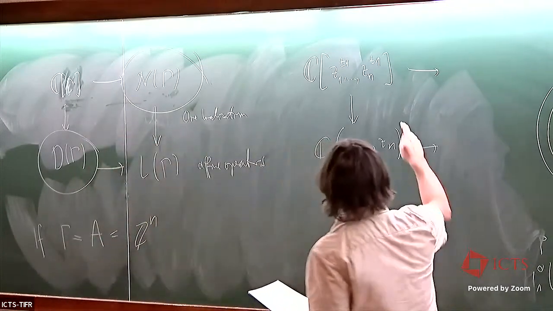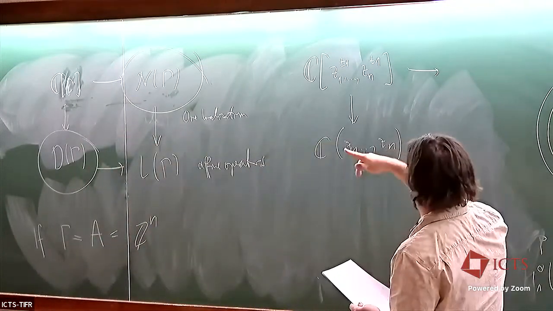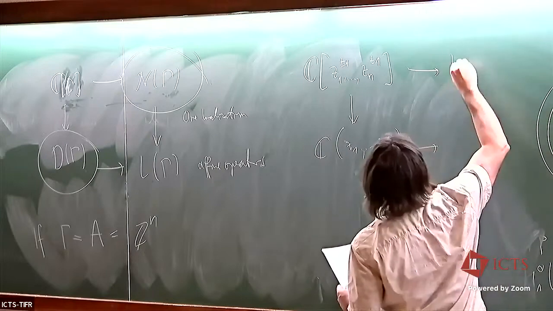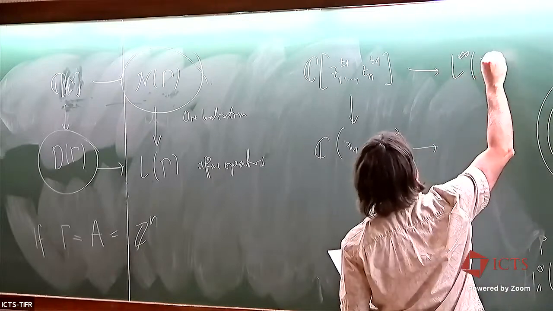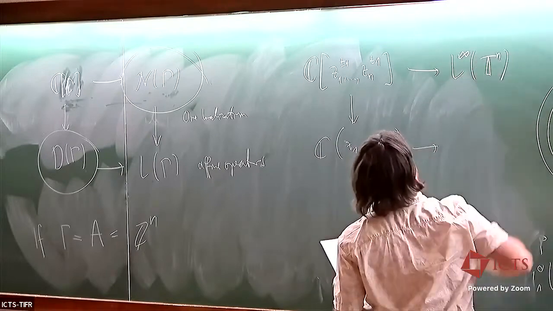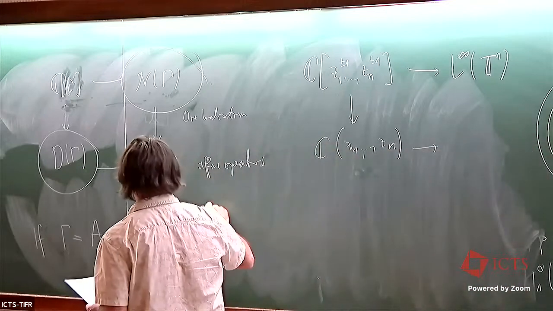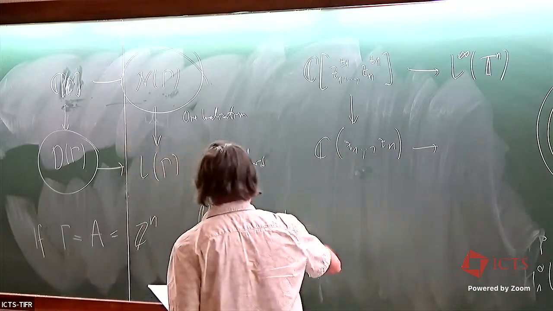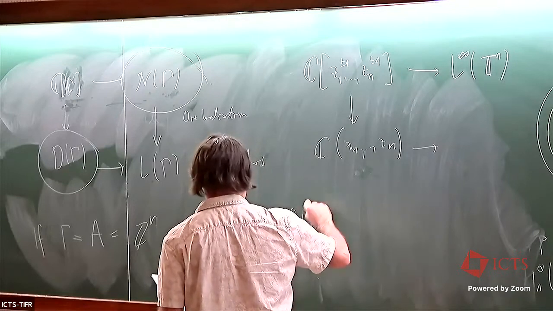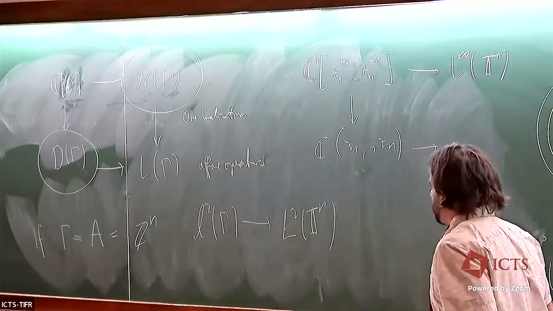In this case, you can use the Fourier transform to understand the von Neumann algebras, essentially bounded operators on the n-torus. This takes advantage of the Fourier transform that identifies L2 of Γ with L2 of the torus T^n.